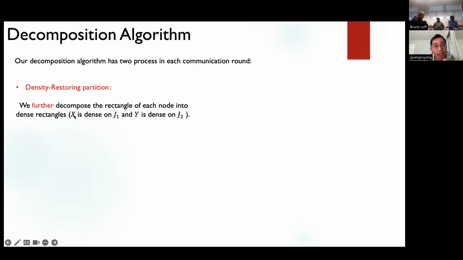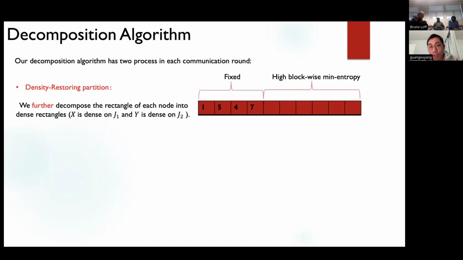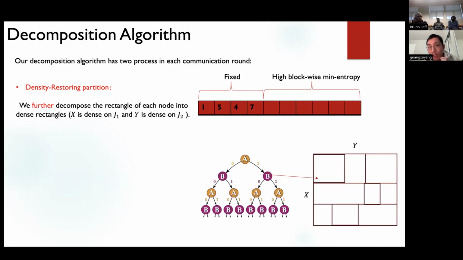A dense rectangle means that x is dense on some set J1 and y is dense on some J2. Dense means we fix some part and the other part is uniform, for x and y. For each node, this is the rectangle, and we partition it into small rectangles, each of which is a dense rectangle.